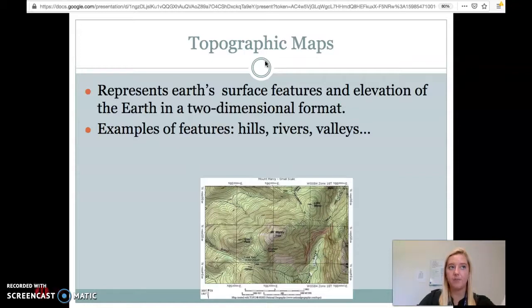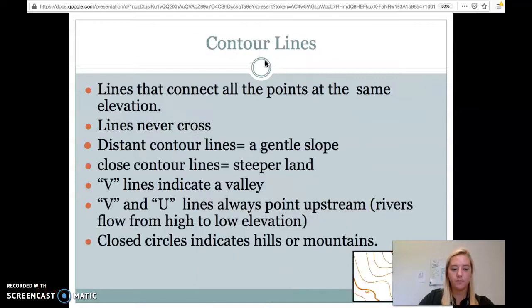The map is 2D, right? So these topographic maps are actually a two-dimensional format. The lines we're going to learn in a second are called contour lines, and they represent different elevations. So again, if you need more time, always pause me. If not, we're going to keep strolling ahead.